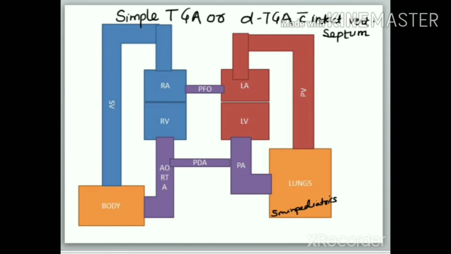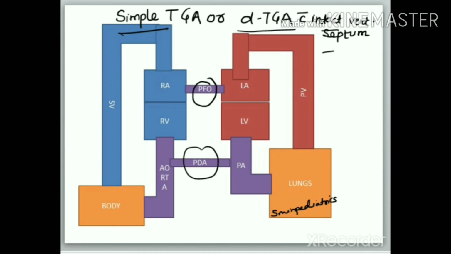So TGA consists of simple TGA or DTGA with intact ventricular septum. So what happens in this condition? Simply, we can understand two connections: we have PFO and PDA, normally present before birth. In this condition we have an intact ventricular septum.